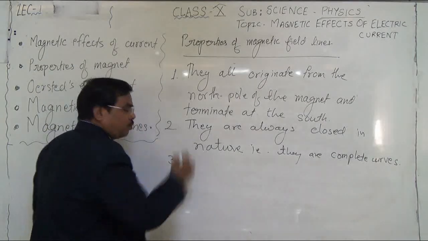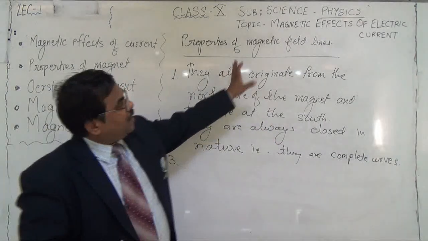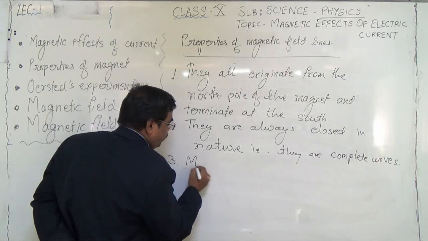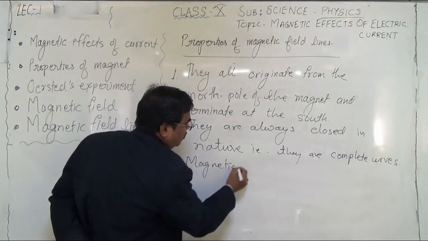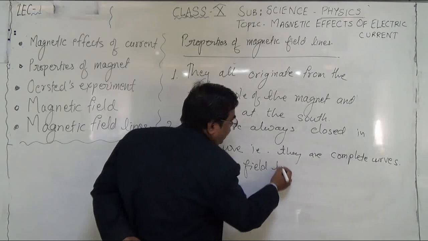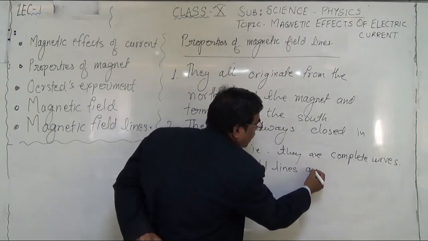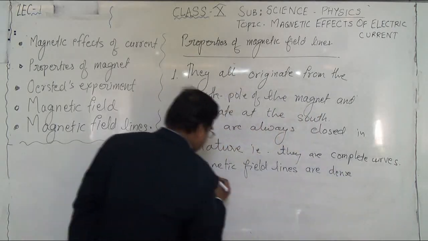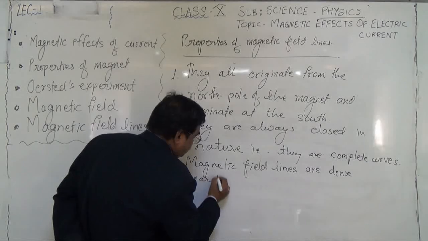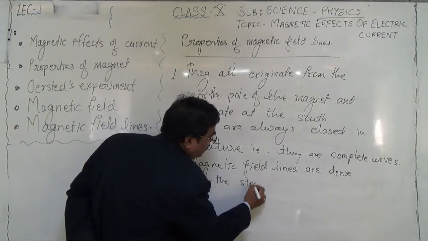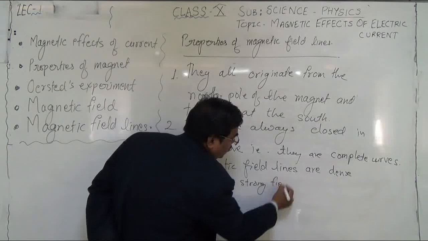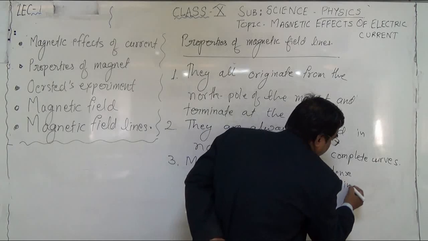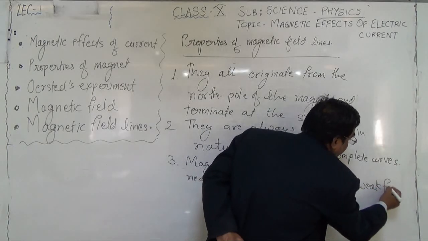Third, the magnetic field lines are dense near the strong field and rare in the weak field.